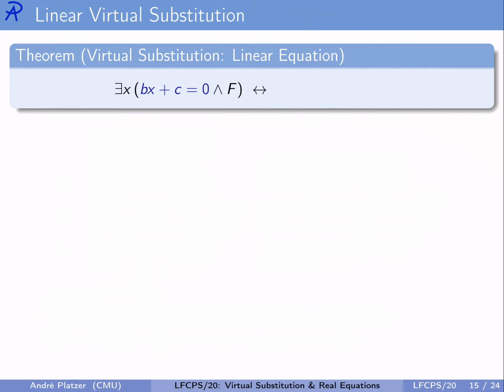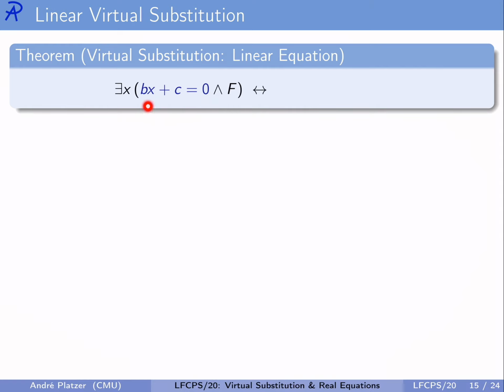Let's get more systematic by looking at special cases, and then ultimately working back with an understanding why we've covered, quote-unquote, all of these special cases. For one thing, one of the formulas that we have at hand could have been a linear equation, bx plus c equals 0, and other conditions. Well, this conjunction can only be true if the left-hand equation is true, and this equation can only be true if, precisely, x is the appropriate solution for this linear equation.